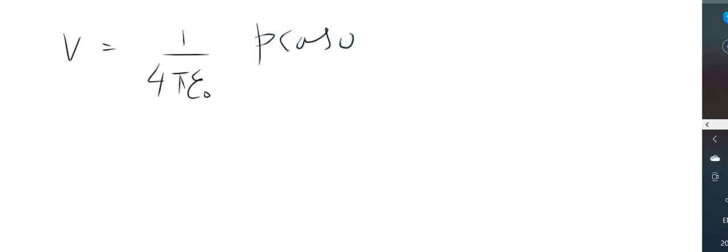Now we all know V is equal to 1 by 4 pi epsilon 0 into p cos theta by r square.